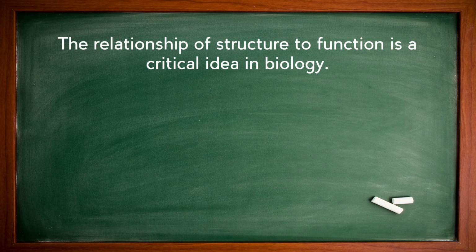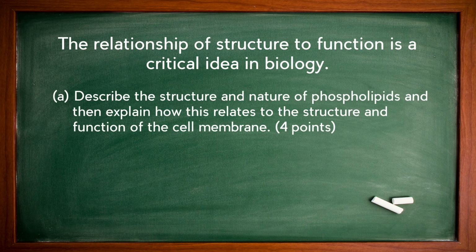Now let's try a free response question. So this is a kind of essay question, but it's been broken down for us. So the question begins like this. The relationship of structure to function is a critical idea in biology. A, describe the structure and nature of phospholipids and then explain how this relates to the structure and function of the cell membrane.